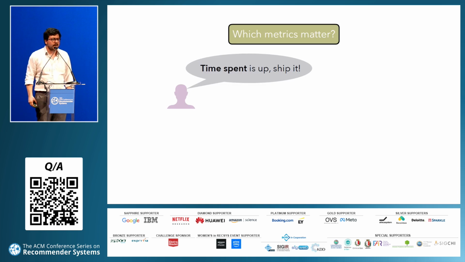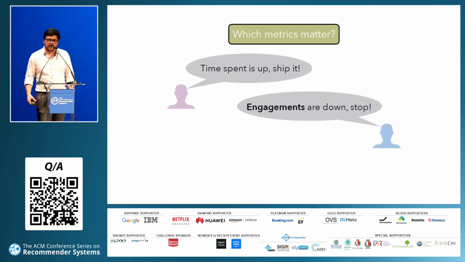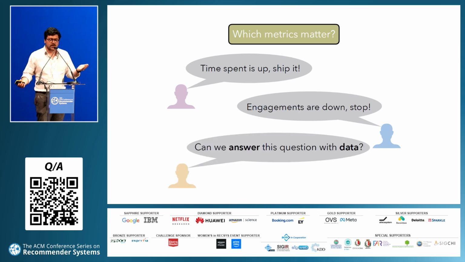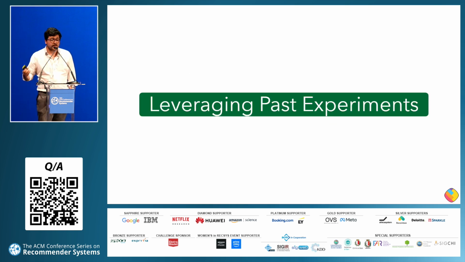I think we see these types of things very often in industry, and there are heated discussions. When there's more time spent on the app, that's amazing, but then other people say, wait a minute, if you have fewer engagements, that's going to be an issue. So maybe we should try to answer this question with data. The data that we have is typically all of the past experiments that we've run on the platform.